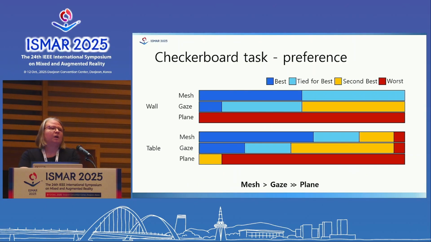We also asked the users to rank the three methods based on subjective preference. Here the mesh proxy was ranked first, with the gaze proxy as a close second. There were a lot of instances where the users could not make a decision and said both are tied for the best method. What is consistent is that the plane proxy was ranked as the worst method.